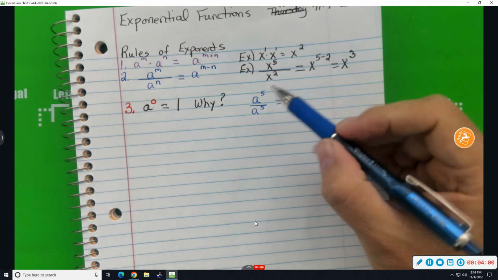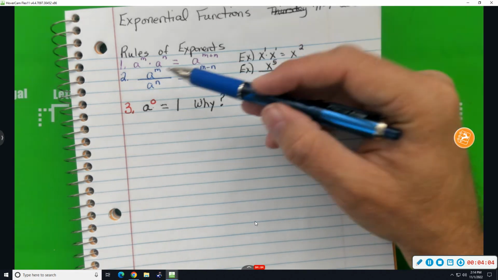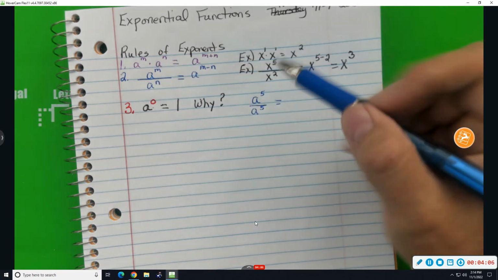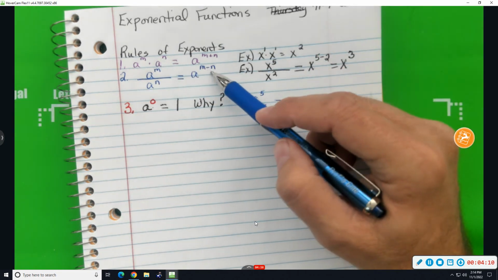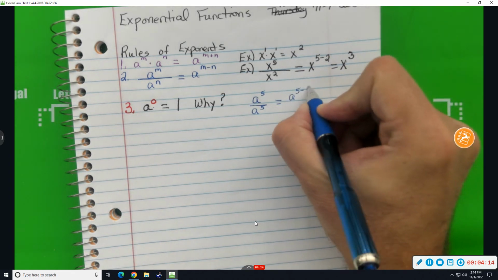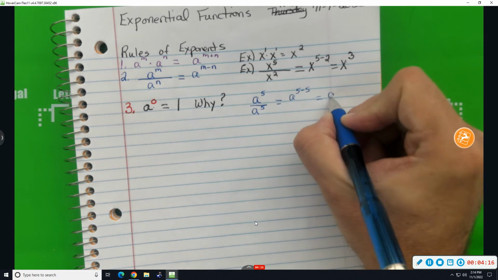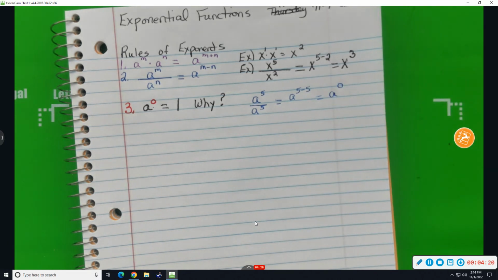Ooh, can y'all read those? Those are exponents of 5. I'm setting up a problem like Rule 2, but here the exponents are the same thing. Rule 2 says we can subtract those exponents. So that would get us a to the 0. But there's a fundamental property about division and about fractions.